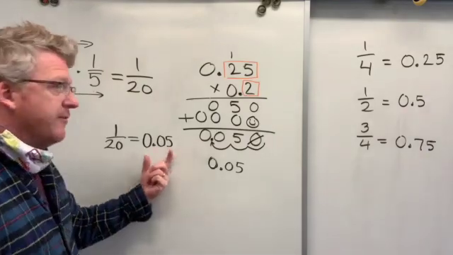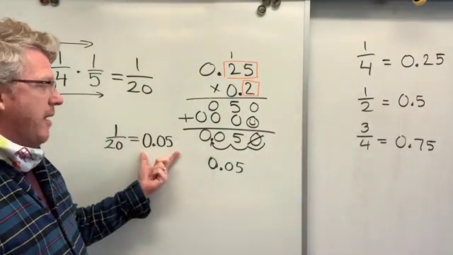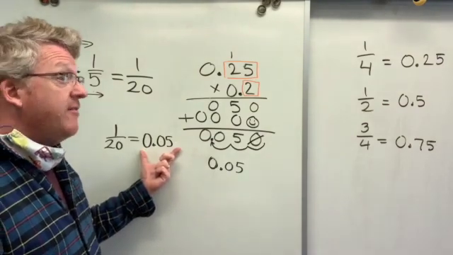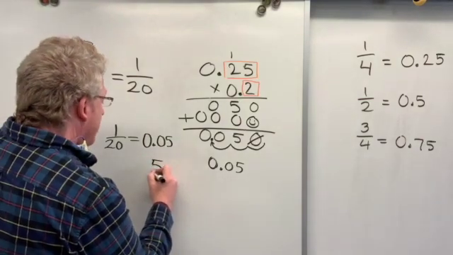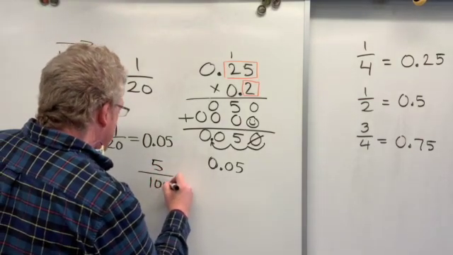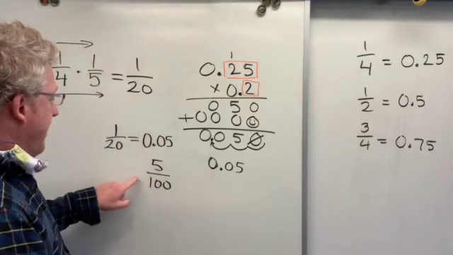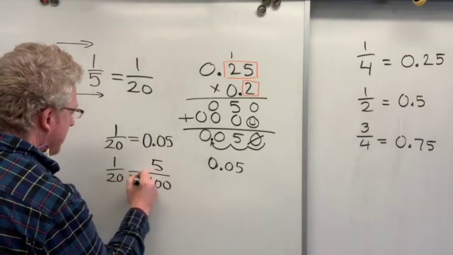Well, decimals to fractions are really actually very friendly. You read that number. How does that sound? 5/100. What does 5/100 look like as a fraction? It looks like 5/100. Okay? So here is 5/100 as a fraction. Is that equivalent to 1/20?